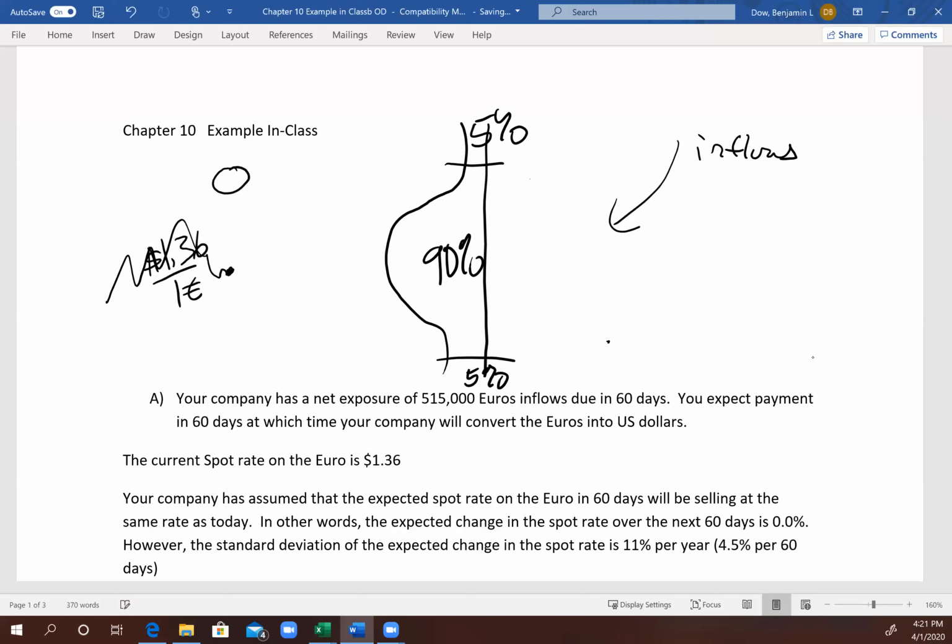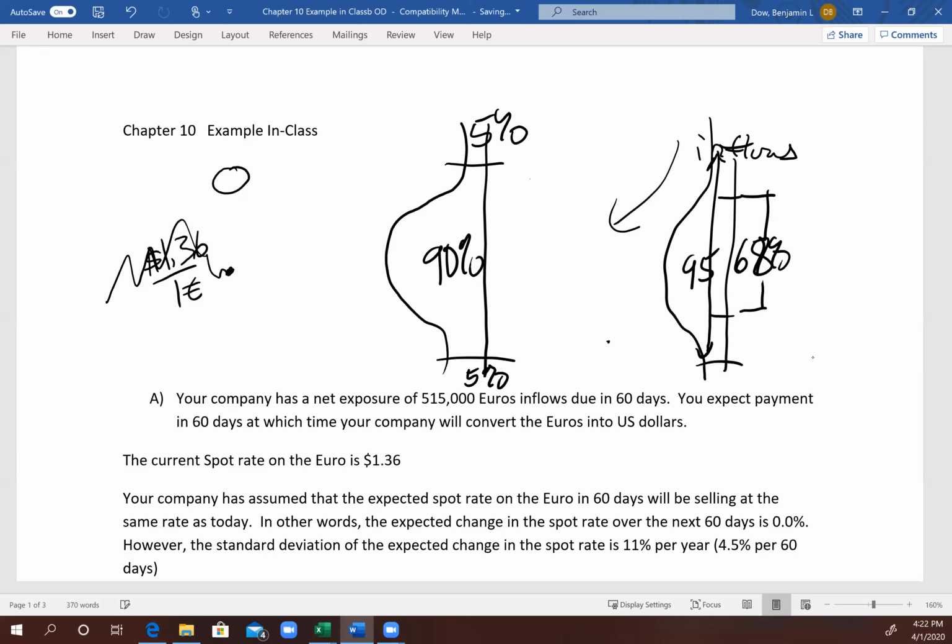Now remember, plus or minus 2 standard deviations gave us 95% in the middle, and plus or minus 1 standard deviation gave us 68% in the middle. How do we get to 90? If this is 1 standard deviation and this is 2 standard deviations, then how do we get 90 in the middle?